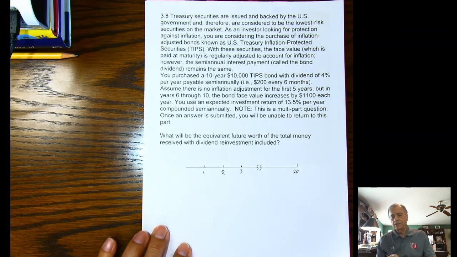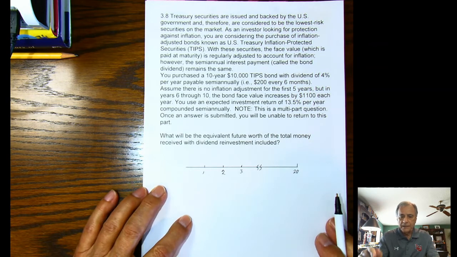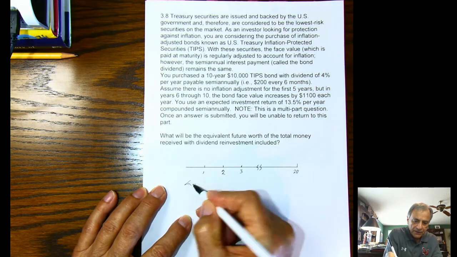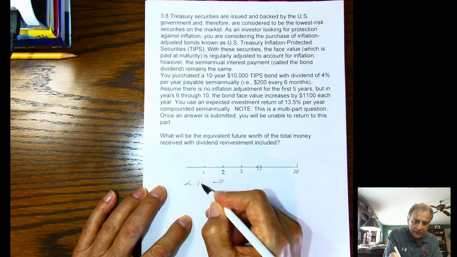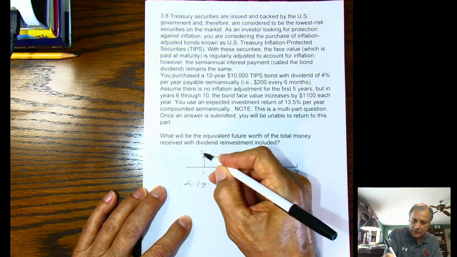So what he's assuming is that every 6 months you're getting $200. Let me draw that up in a cash flow diagram. For example, this is the first year, but the first 6 months you get $200.